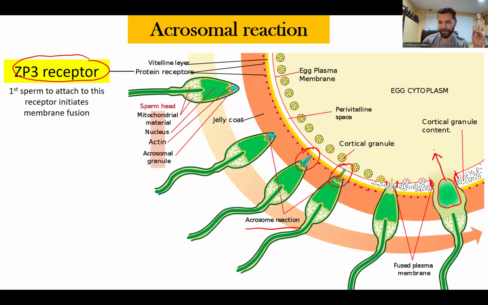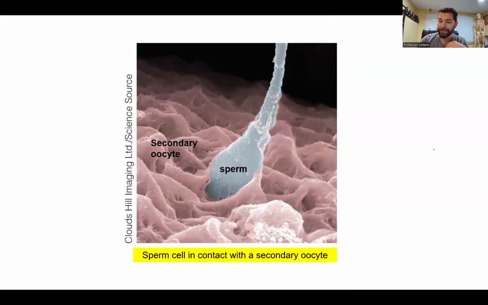So acrosome reaction, important. Capacitation, important. Acrosome reaction, important. And then fusion with that ZP3 receptor to allow adherence, and then entrance of that nuclear material into the cytoplasm. This shows a pretty cool picture of the sperm in contact with that secondary oocyte.